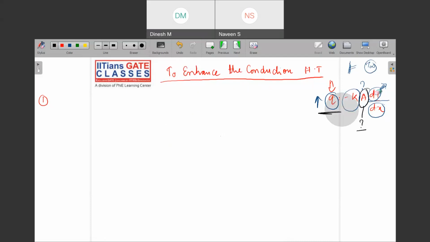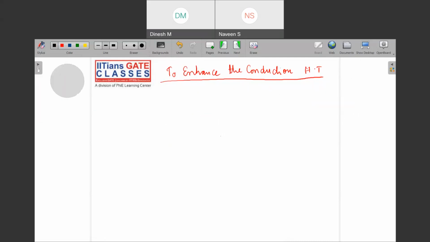So this is the way where one very important phenomenon comes into the picture, called fins. Now we can enhance it through fins. So what are fins? Fins are surfaces which protrude outside from a given surface.